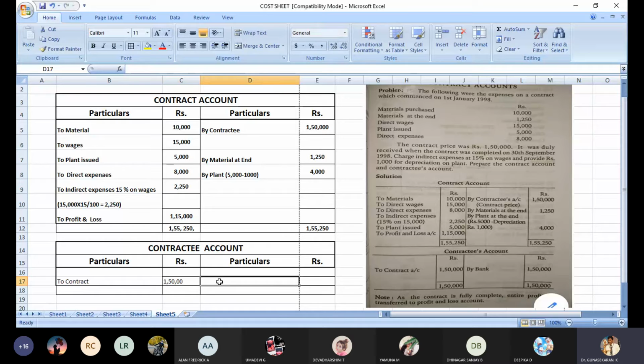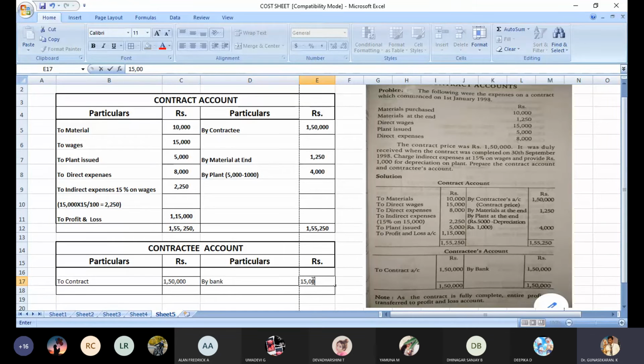By bank, actually: the contractee gave the amount, or handed over the amount, to the contractor, but not directly. The contractee gives the amount to the contractor through bank only, either by check or by depositing the amount in the contractor's account at the bank. That's why we have to mention 'By bank' with 1,50,000.